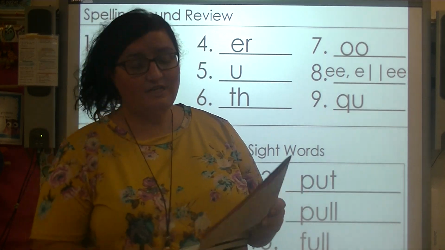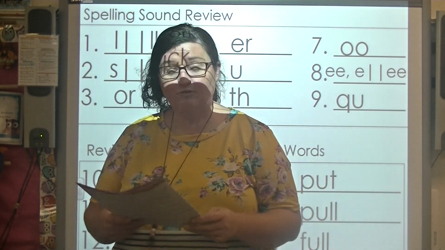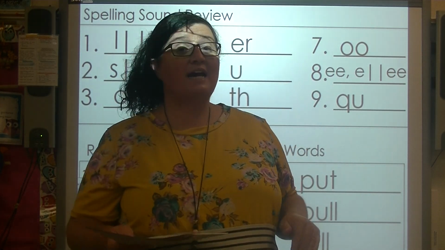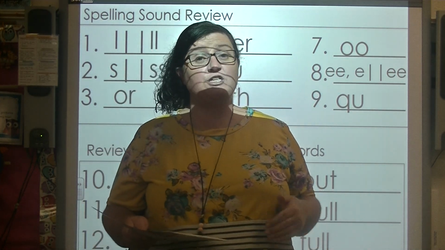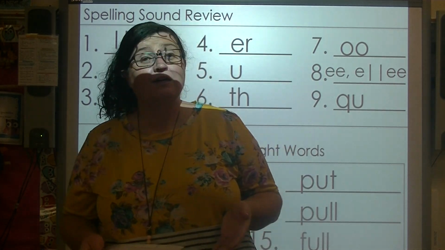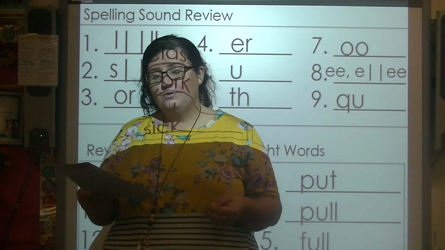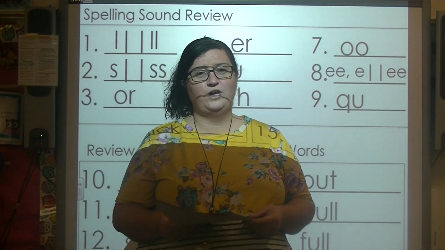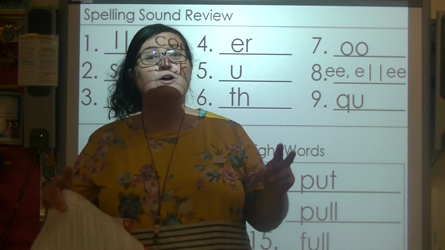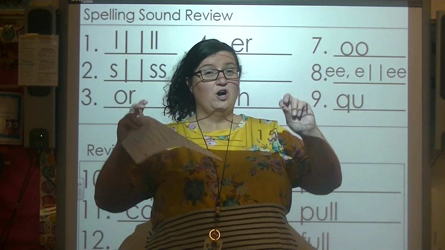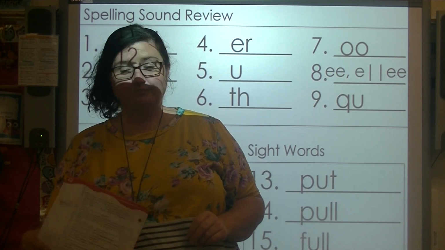All right, yesterday we talked about how to show dialogue in our writing. Remember, dialogue is showing someone doing what? Someone talking. All right, when we show someone talking, we use quotation marks. Remember, there are those marks up in the air.